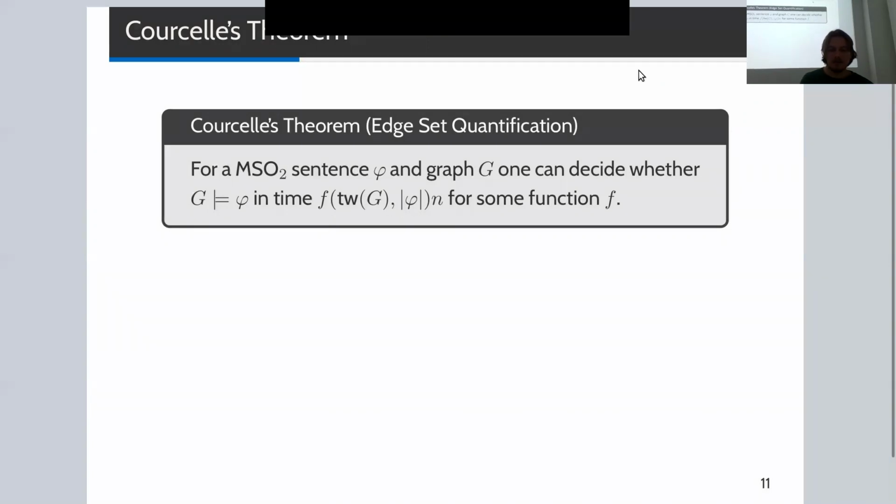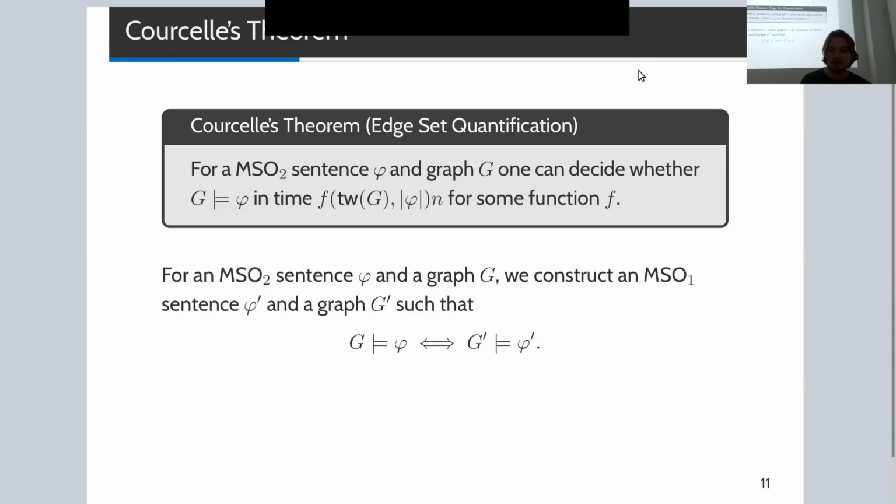And this theorem I actually want to prove now because it follows as a simple corollary of Courcelle's theorem for MSO1. So what we're going to do is a very standard basic reduction trick that occurs a lot of times if you're working with these kind of logics.